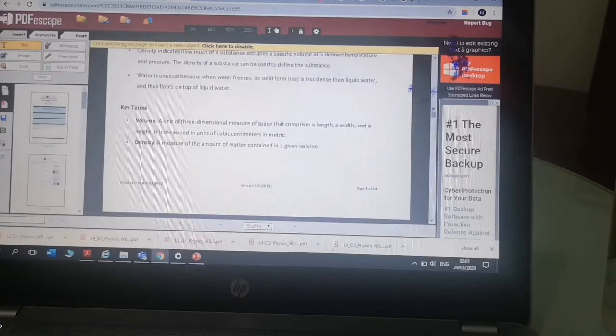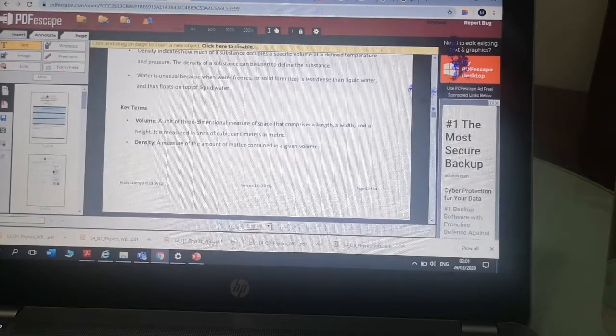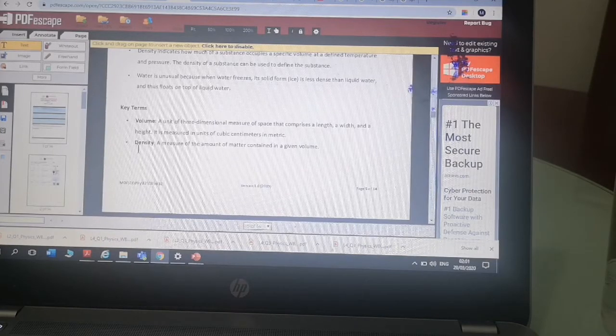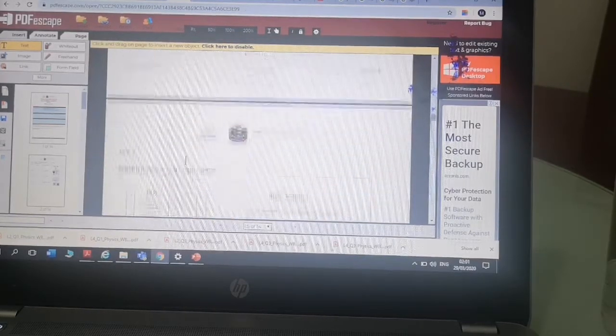Alright, well, density is how much stuff there is in a given volume. So maybe we'll look at this in another lesson. I'm hoping we focus on volume today. I don't want to go into density, so let's see what the task is.